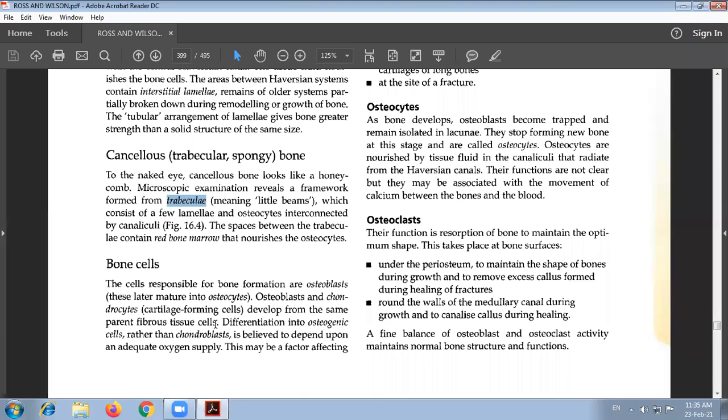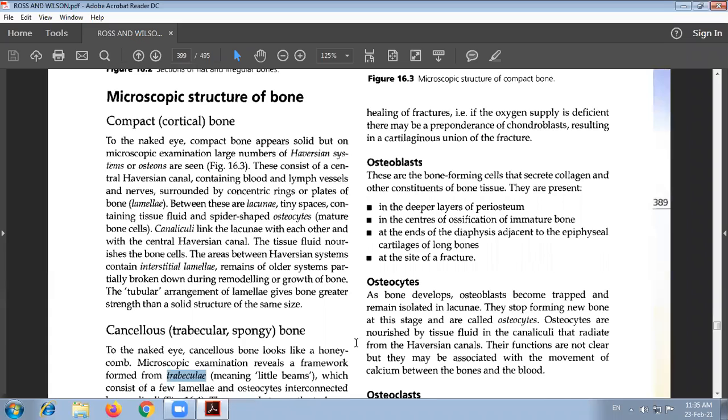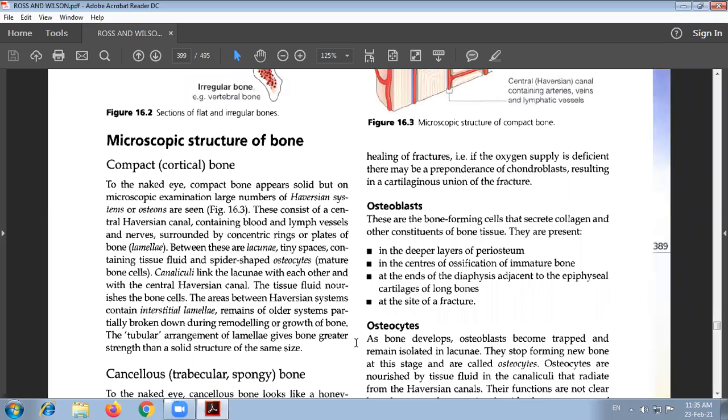The differentiation into osteogenic cells and chondroblasts depends on an adequate oxygen supply. When there is adequate oxygen supply, the osteogenic cells can be converted to chondroblasts, which need oxygen. This may be a factor affecting the healing of fractures.